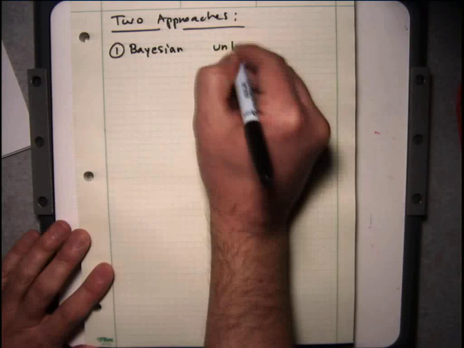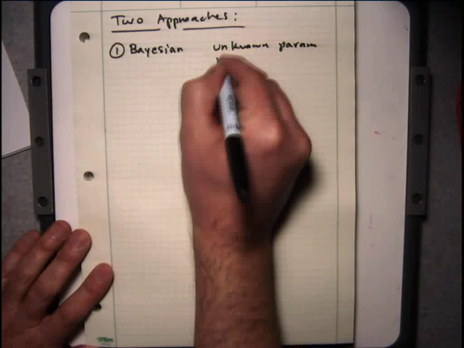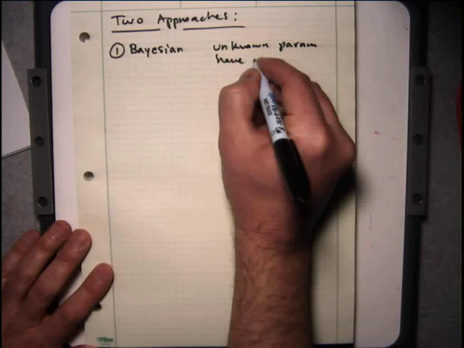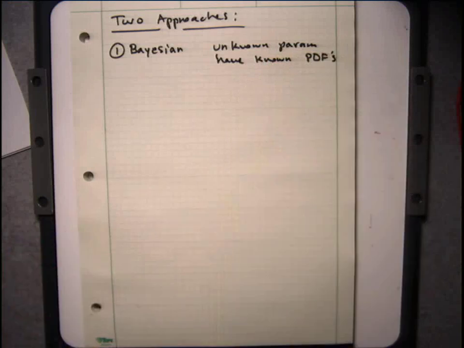Unknown parameters have known PDFs. And then since they have a known PDF, let's get rid of the effect of these unknowns by simply looking at the expected value with respect to that distribution. So what it ends up requiring is for you to do an integration, as you'll see in a minute.